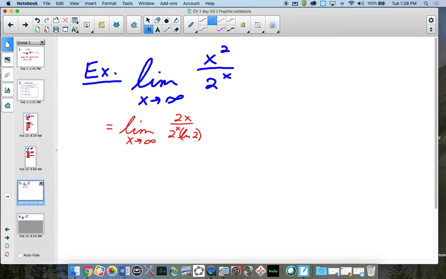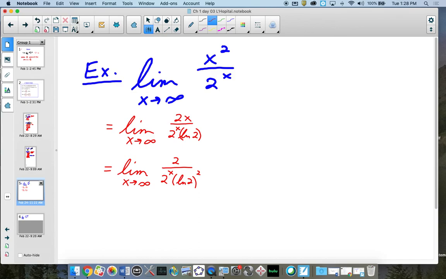Now let's take this limit. Oh, we still get infinity over infinity. So, L'Hopital, I call on you again. The derivative of the top is 2. The derivative of the bottom is 2 to the x ln of 2 times ln of 2, or ln of 2 squared.